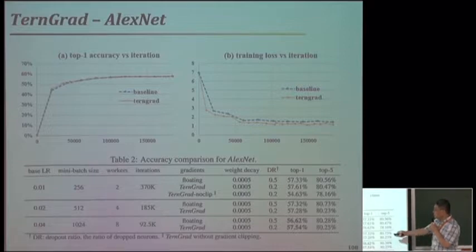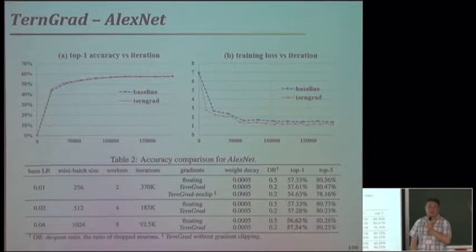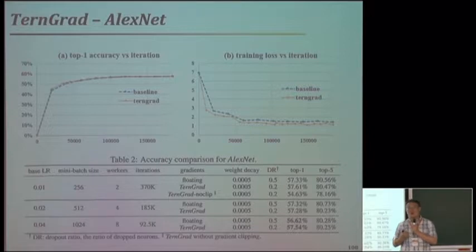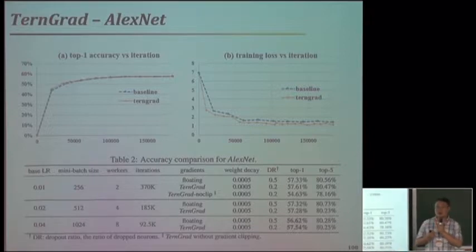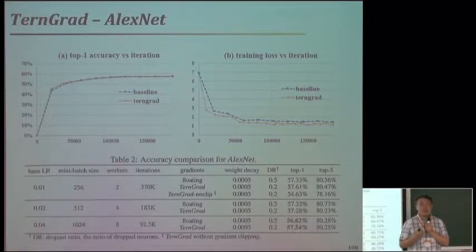But if we don't do the clipping here, you see the accuracy loss. So it means the clipping technique, even though we introduce it to guarantee the convergence, actually improves the accuracy, but does not decrease it. Some techniques people propose try to guarantee the convergence, but they sacrifice the accuracy.